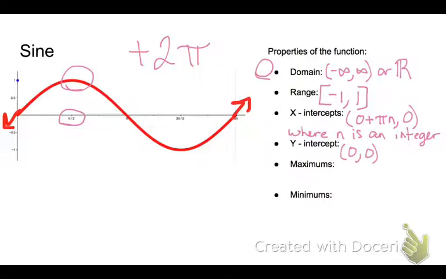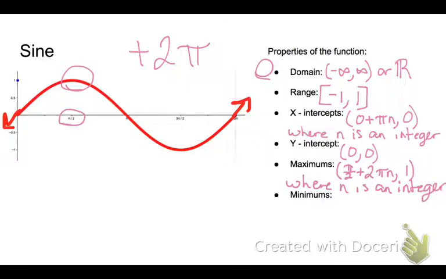So the maximums start at pi over 2 and happen again every 2 pi times n later. And of course, the y value for my maximums would be 1, where n is an integer.